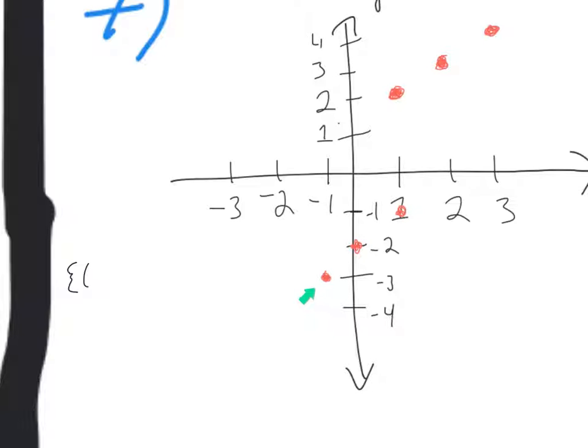The first coordinate is going to be right here at -1, -3, so you can write that. The next coordinate would be right here at 0, -2.